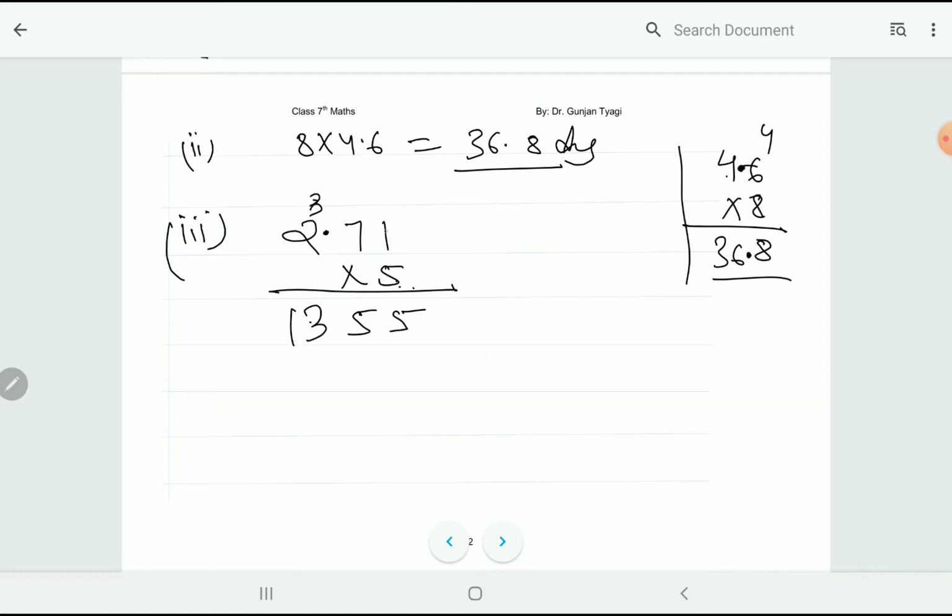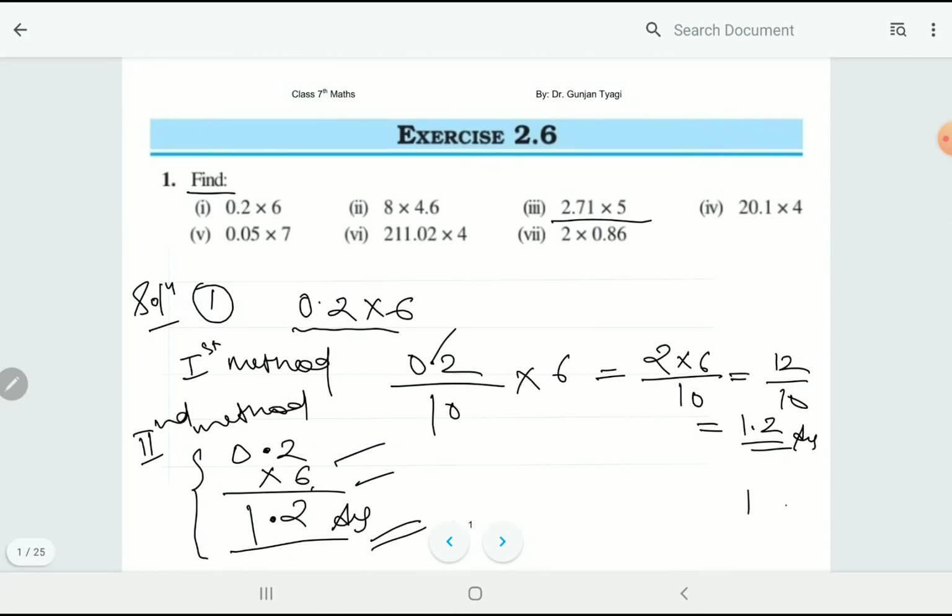The decimal is after two places in the first number, and there is no decimal in the second term. So in your answer the decimal will come after two places from the right. 13.55, this is the answer. Very easy. Just do the multiplication simply.